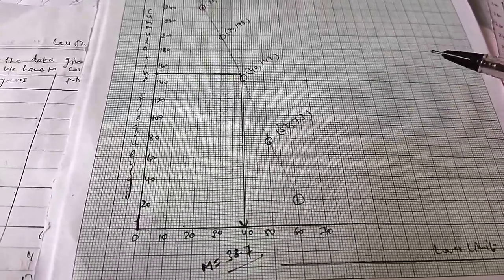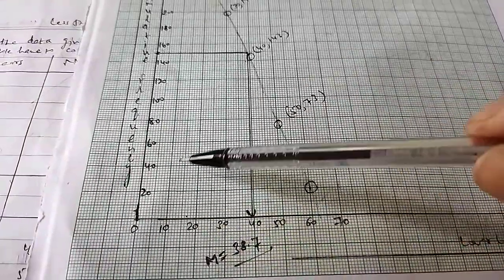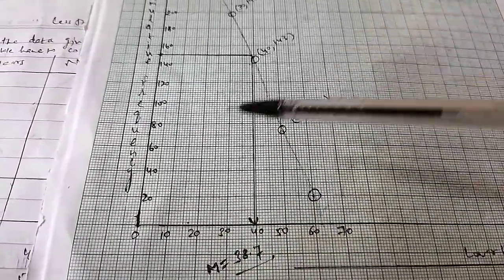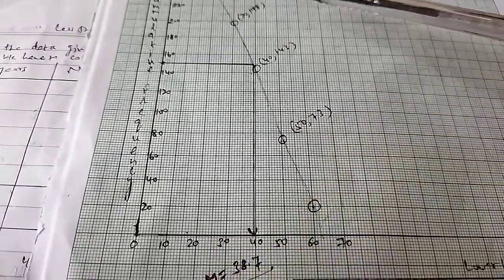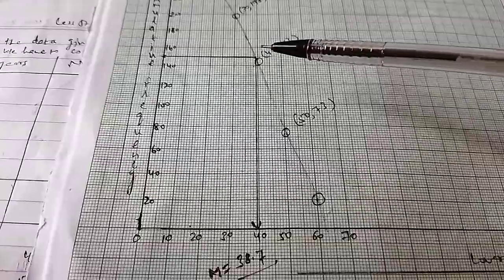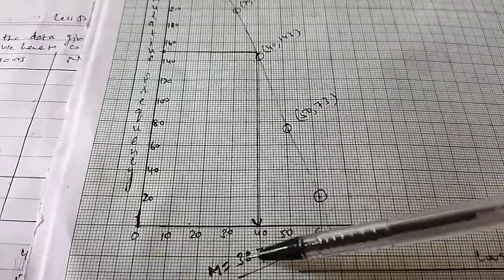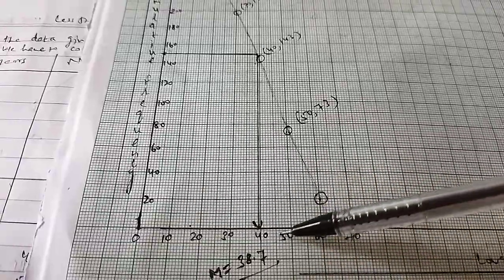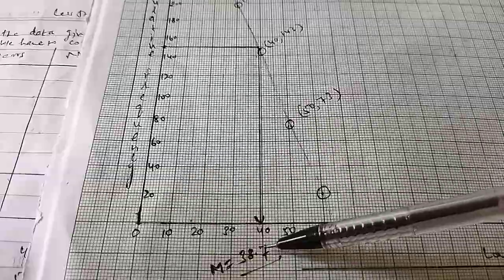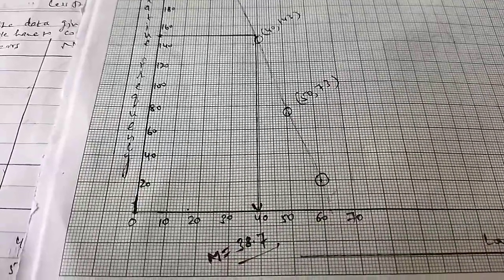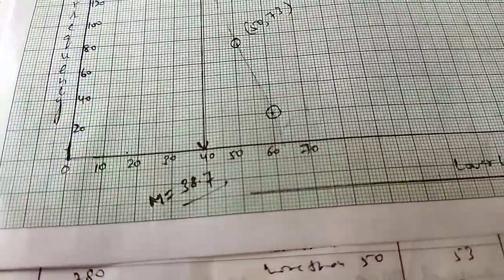If you use both of these, somewhere these graphs will be intersecting each other. In the same graph you can draw the less than type and the more than type. Where do they meet? From there you can draw the perpendicular and read that reading. That will give you the median of that particular data. So this is the procedure of how to calculate the median of grouped data graphically.